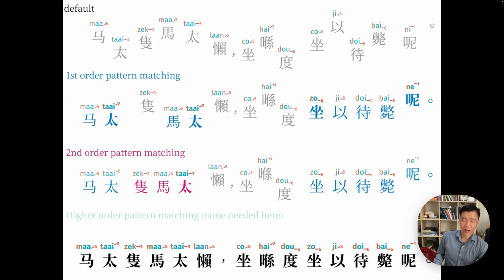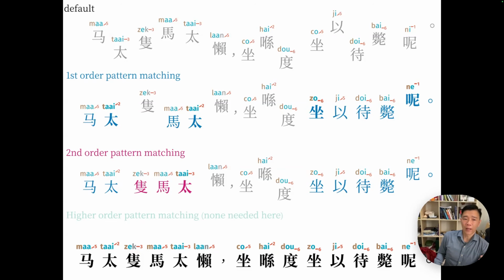Here's an example of how it works. Each character, whether it's simplified like the first character or traditional like all the rest, gets a default reading. Then we do some kind of rule-based matching that says, does it match this pattern? If it does, if Tai comes after Ma, then it's probably one chunk, and then we say it's Ma Tai. And we do that across the whole sentence.